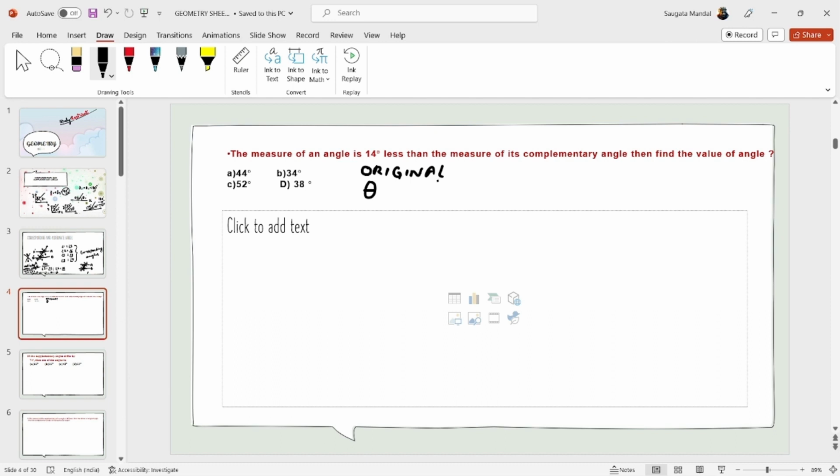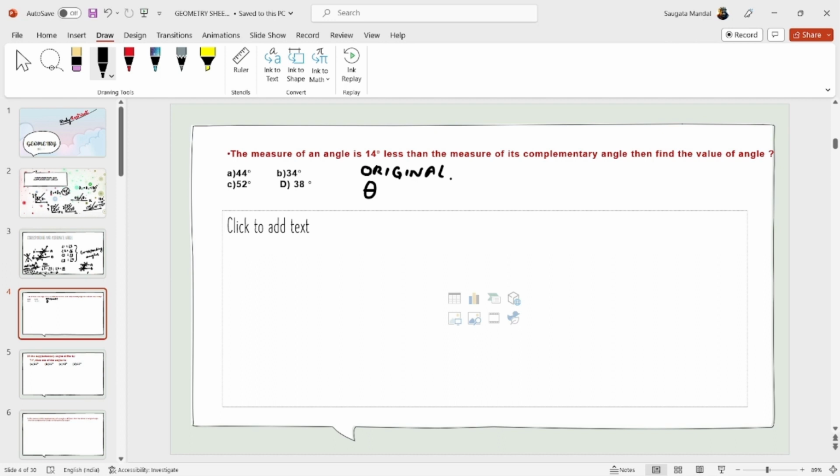We know that if theta 1 plus theta 2 is equal to 90 degrees, then they are complementary to each other. And if one angle is theta, then what is the other angle? It must be 90 degrees minus theta. Is it clear to all?